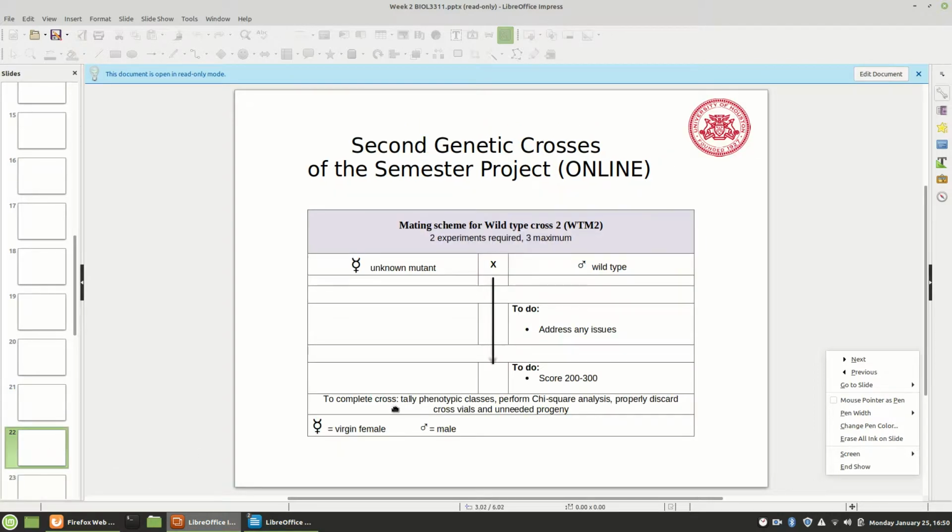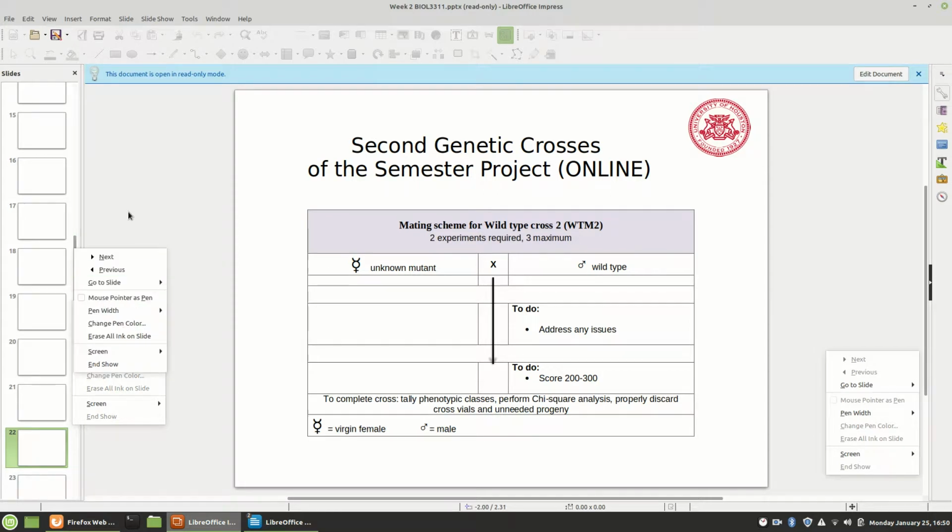Let's see. Just keep in mind that you'll be doing these types of crosses. You'll cross an unknown with a wild type and see what you get. The wild types should be dominant, but you have to do the cross to find out for sure. So you'll get a mutant, and you'll be crossing that mutant fly online virtually.